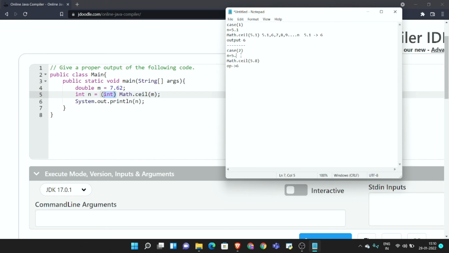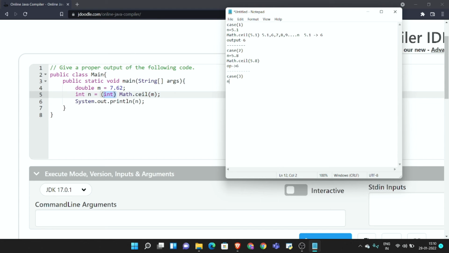Instead of 5.8, if I take 44.67, the output would be 45, because the integer which comes after 44.67 is 45, right? So that's the reason we get 45 here. So again, 5.8 gives 6.